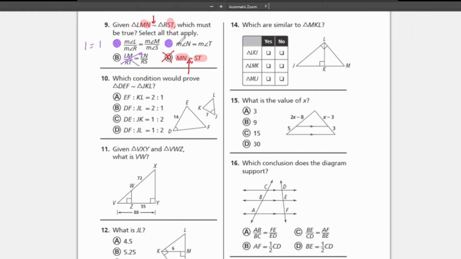D is not a right answer. Now, if it was LMN is congruent to RST, then D would be right. But we have to be very careful that when we're talking about similarity, we're not using equal or congruency symbols between our side lengths.